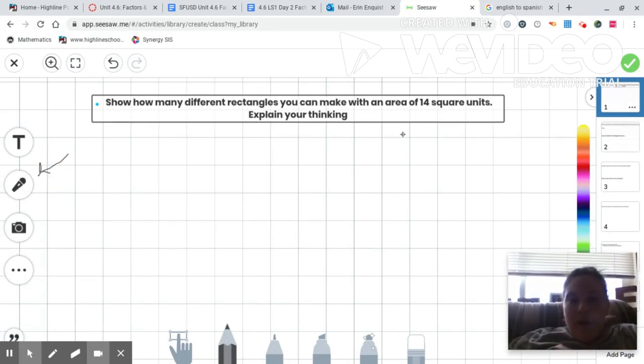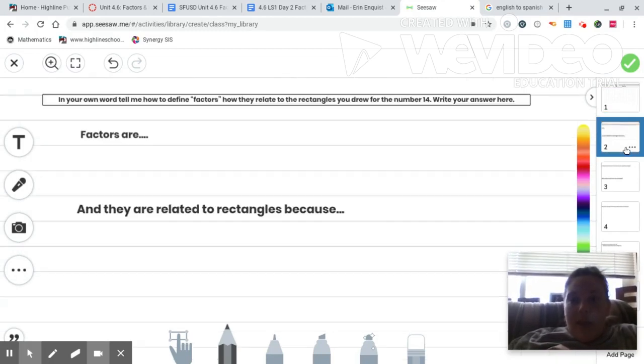Show how many different rectangles you can make with an area of 14. Second page says, in your own words, tell me how to define factor and how they relate to the rectangles you drew for the number 14. Write your answers here. I gave you some sentence stems.